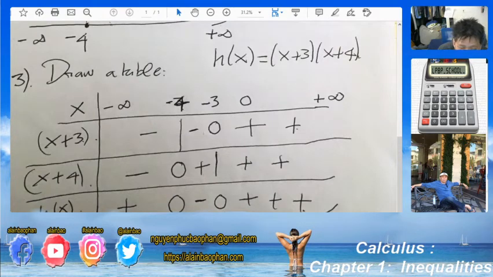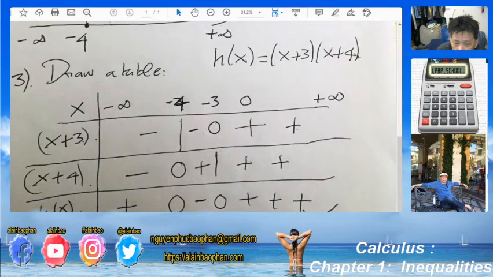So you will exclude this number minus 4, and you also need to include this interval from minus 3 to plus infinity. It's also f of x positive, so it belongs to the interval from minus 3 to plus infinity, but x does not include minus 3, right? x does not include minus 3.